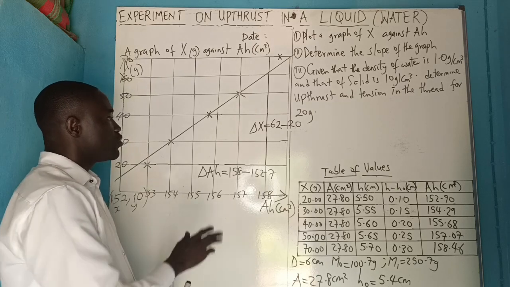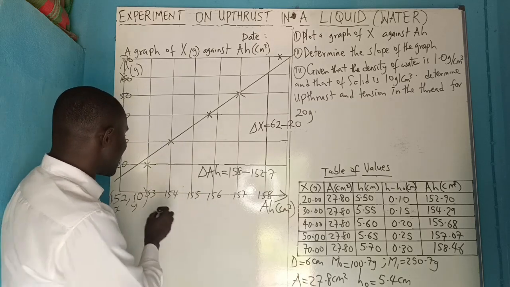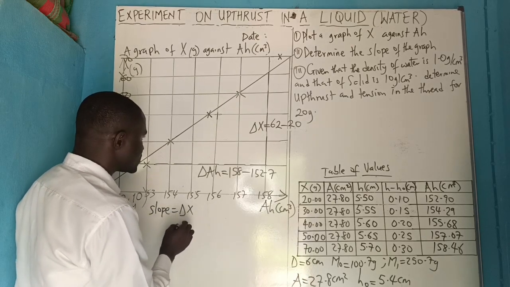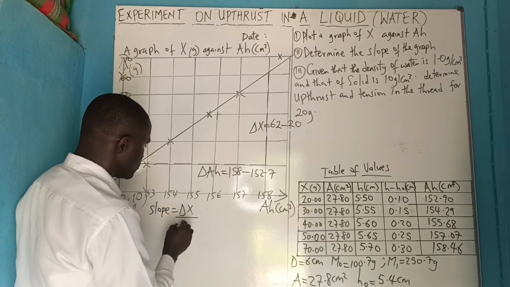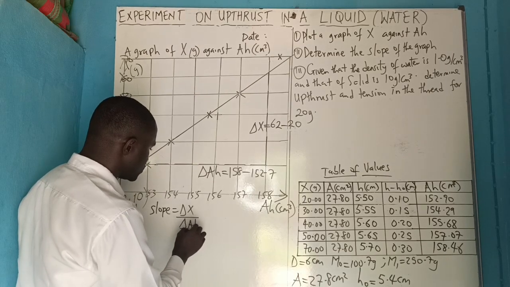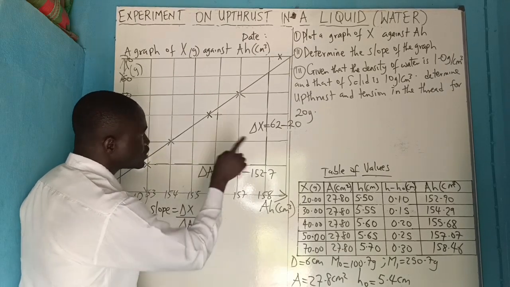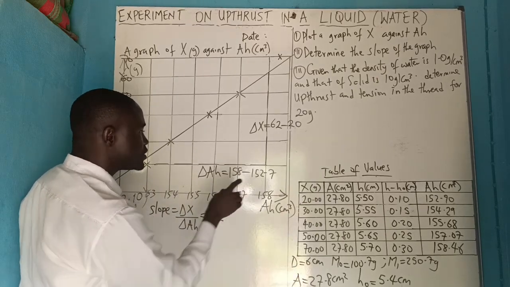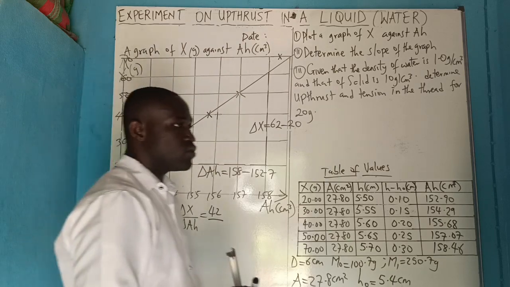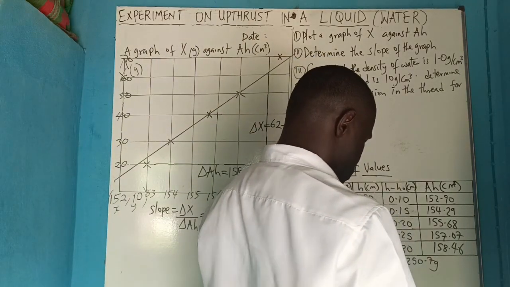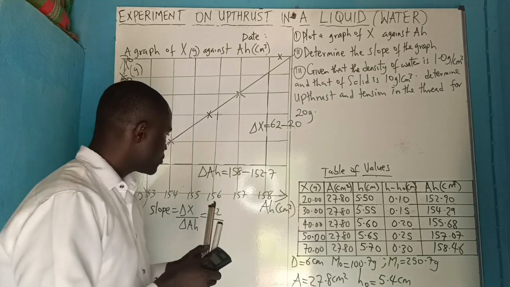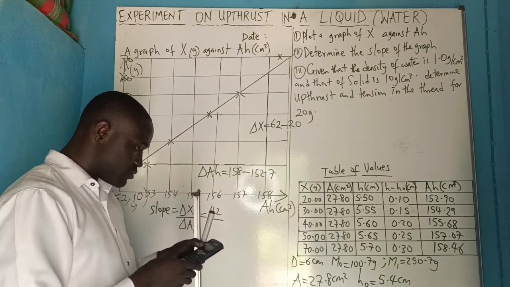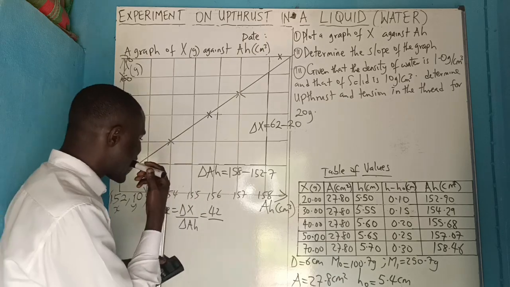And so we have this. We now say that our slope equals change in X all over change in AH, equals 62 minus 20, 42, all over this minus this, which will be giving you 158 minus 152.7, 5.3.